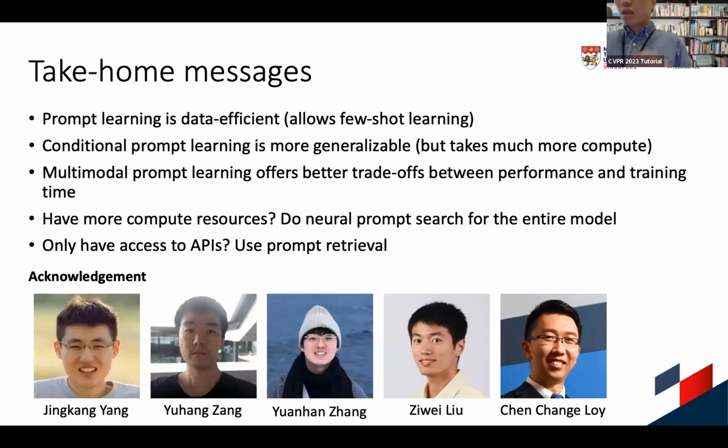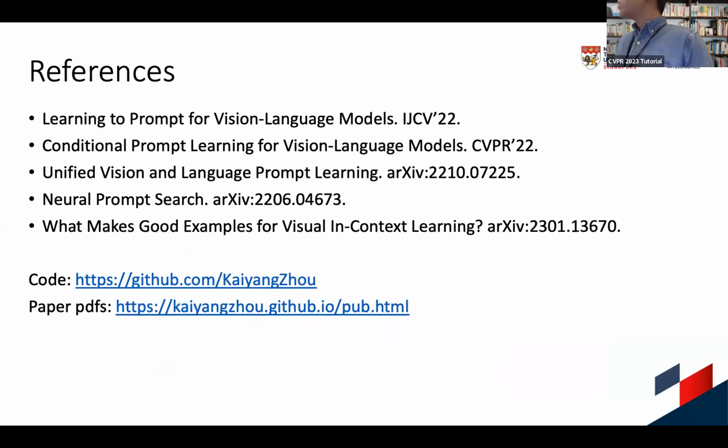So that is the end of this session. The take-home messages are here. I will not repeat those sentences. You can take a look. We almost run out of time. Here are the references for the papers that are mentioned in the first part of this session.